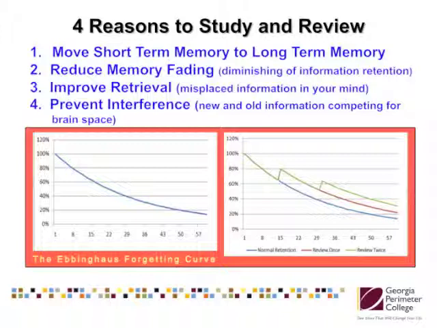If we reviewed more frequently, let's say at day 8, or weekly, from that 100%, we would not drop below 80%. The information would stay between that 100 and 80% range. So I would suggest printing off a worksheet and doing a worksheet weekly, and that will increase your retention.